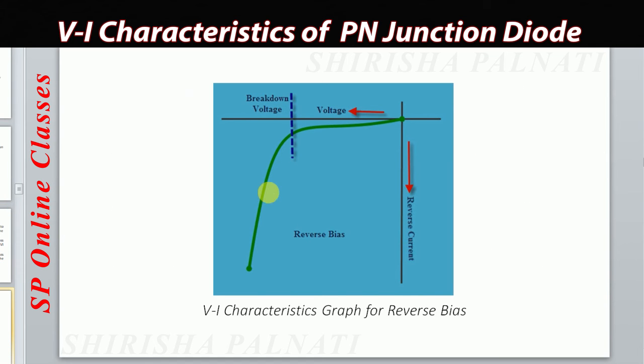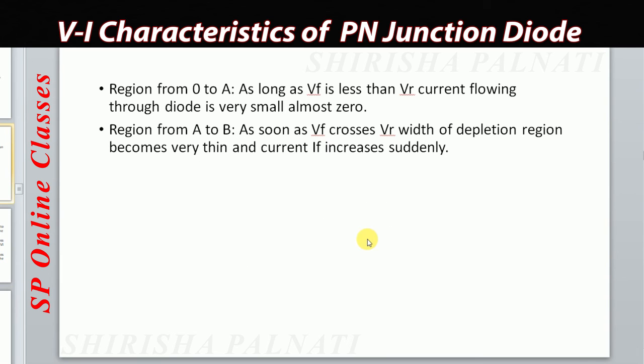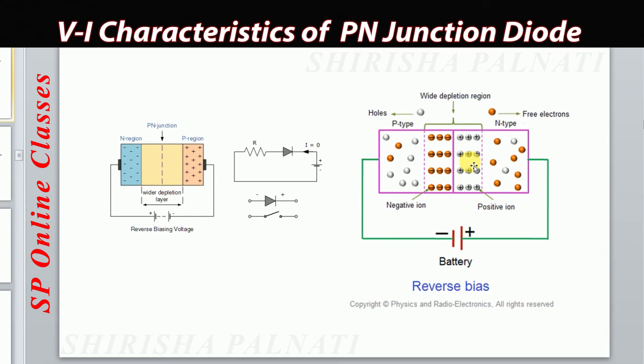Next, this is the VI characteristics of the reverse bias. Are you understanding the VI characteristics of both forward bias and reverse bias? See, what is reverse bias? Here we apply the battery in a reverse condition, right?